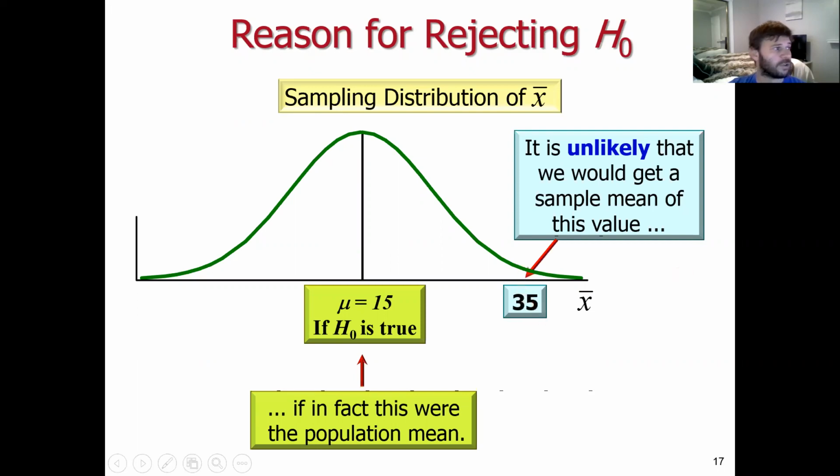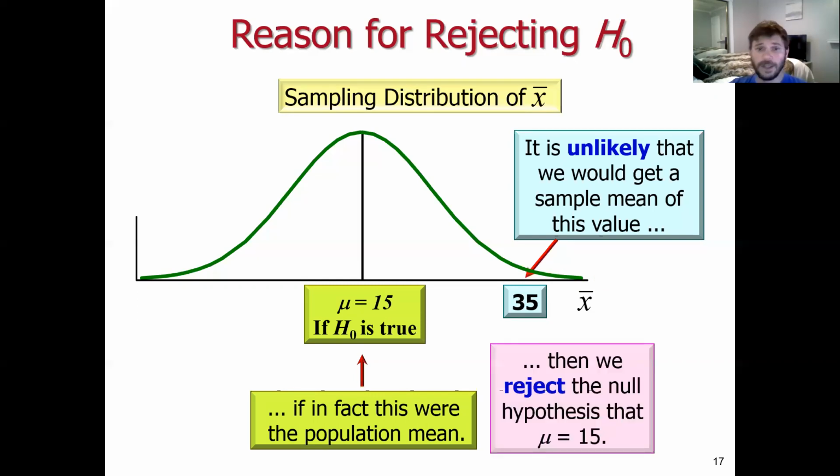And if we were to use our z-score approach, we could convert 35 into a z-value, and we could actually calculate the probability in this upper tail, which would be the probability of observing something more extreme than 35. And if that probability is extremely low, then that must mean that the fact we observed 35 to begin with must already be very extreme if the likelihood of observing something more extreme is close to 0.